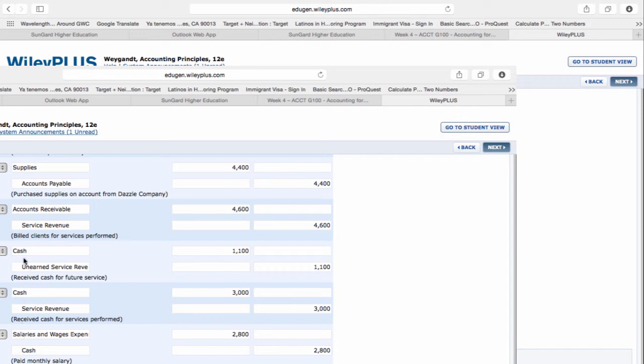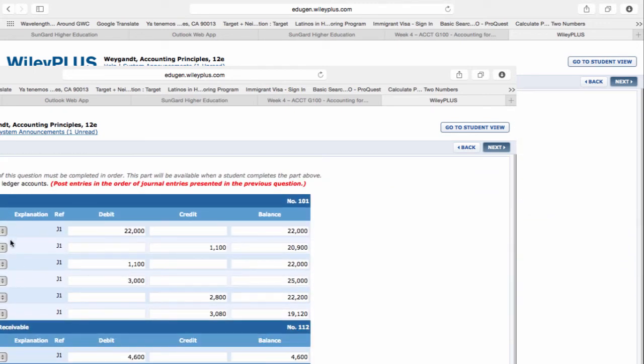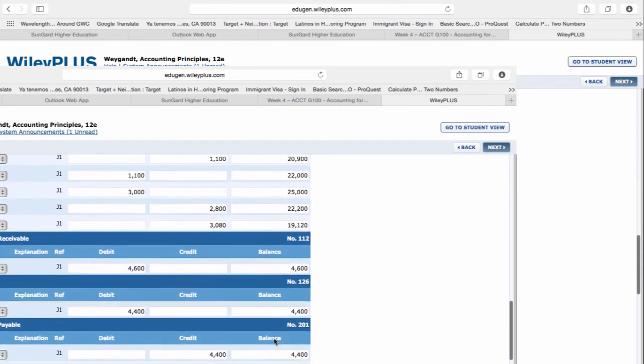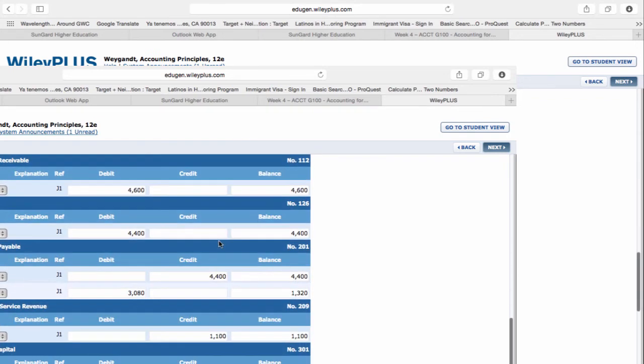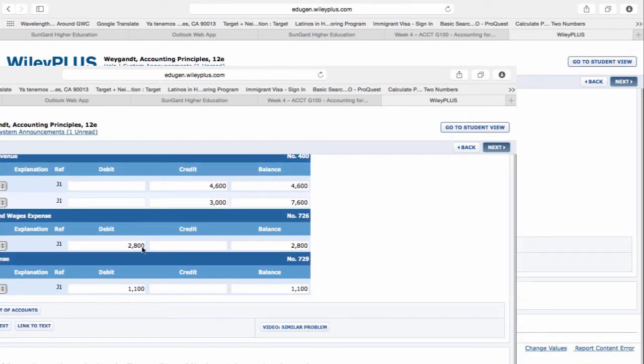Like, for example, April 11 was cash as a debit, but on April 30th, there was a cash as a credit. You make sure that you journalize every single one in chronological order as a debit or credit and find the balance. And you do the same for the rest, for accounts receivable, for supplies, for accounts payable, and so on. And again, it's not going to let you go on to the next part until you finish this.